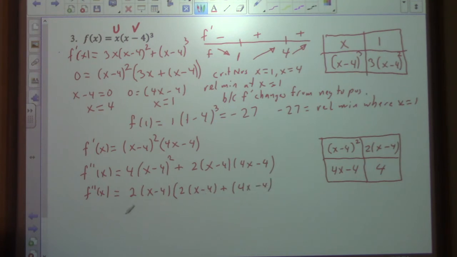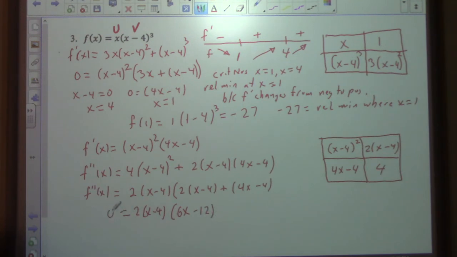And so to simplify, we have 2x minus 4, and then 2x plus 4x is 6x. Then 2 times negative 4 is negative 8, and negative 8 minus another 4 is negative 12. And so that's going to be it.